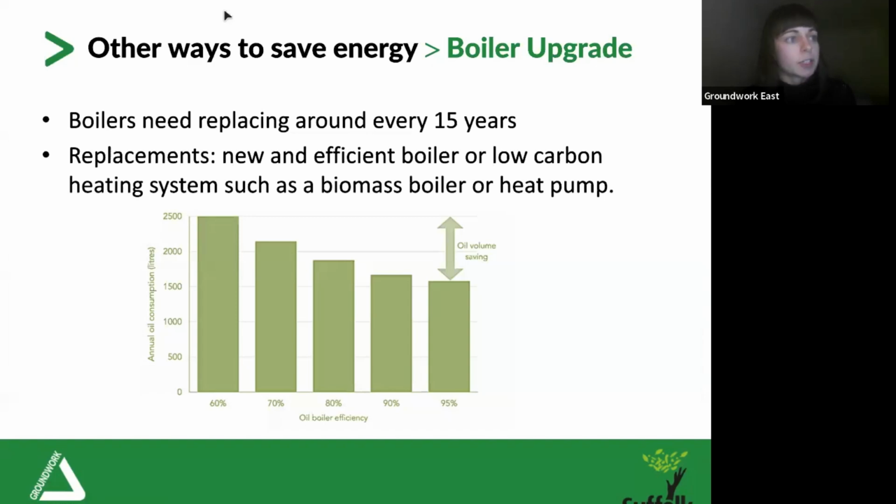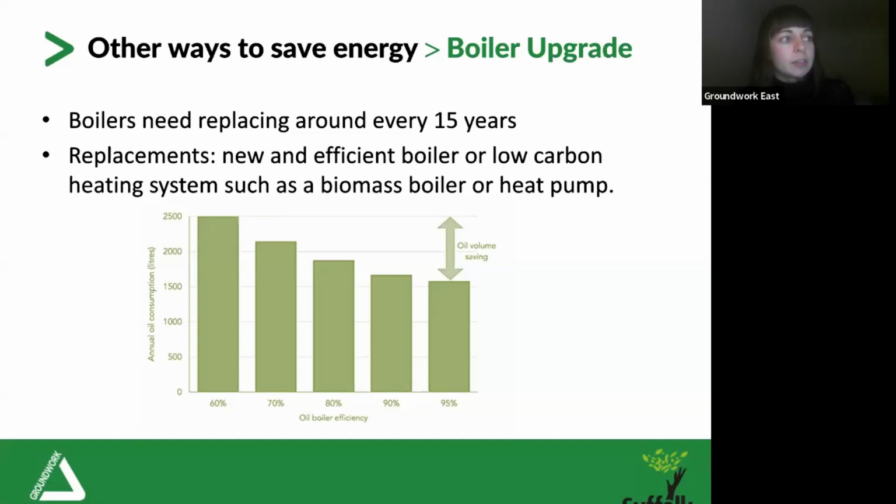This one just highlights that difference for oil. So you've got the oil boiler efficiency at the bottom, with boilers that are 60% on the far left, up to 95% efficient on the right-hand side. Then you've got the annual oil consumption going up on the vertical axis in litres of consumed oil.